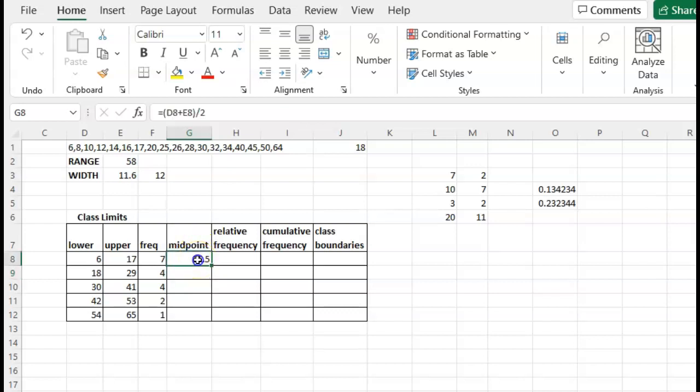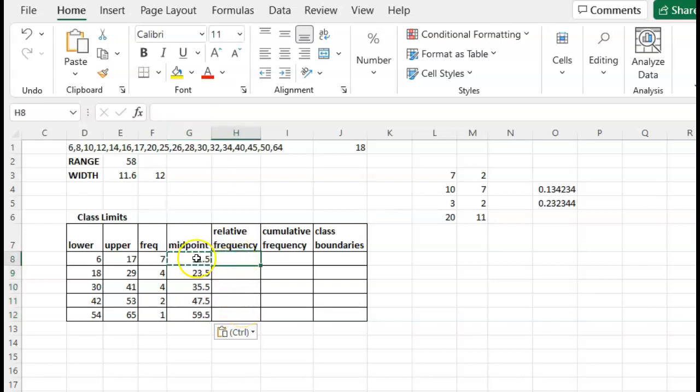Now I can just copy what's here, which is just saying, take the number 3 to my left, add it to the number 2 to my left, and then divide it by 2. I have to use parentheses because if I don't, it'll do division before addition. And I'm just going to say Control C, Control V, and there's my midpoint.